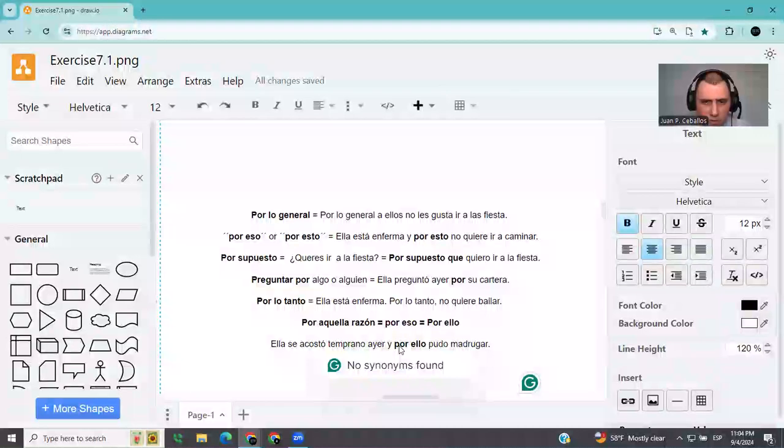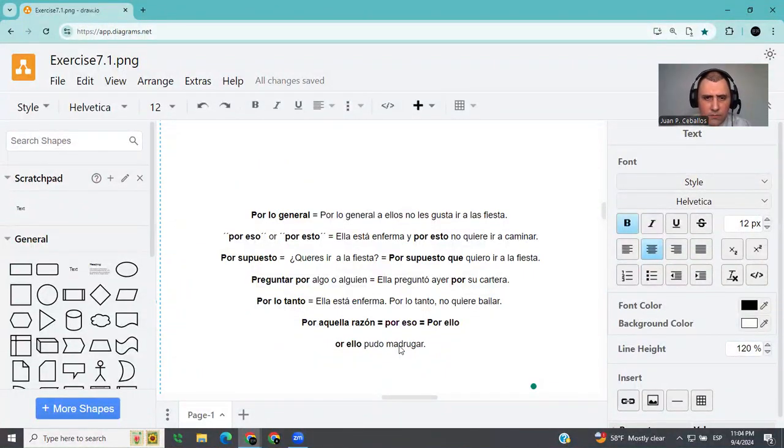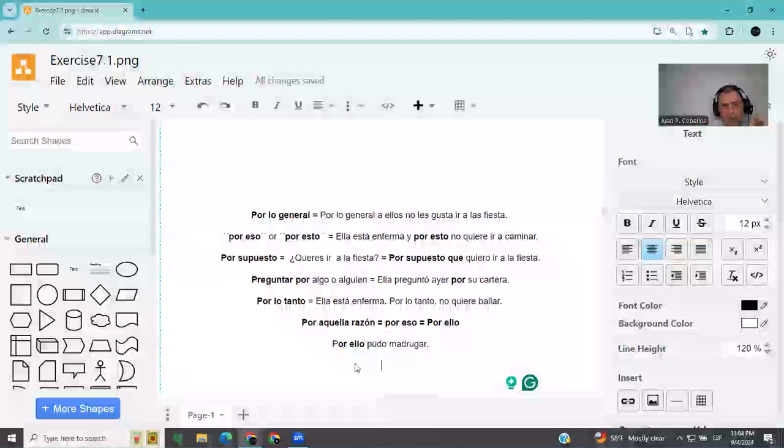So por ello is mostly used like this. Por ello pudo madrugar. It's like to start a sentence. That's a way you will encounter this. Por ello pudo madrugar. Because of that, she was able to wake up.